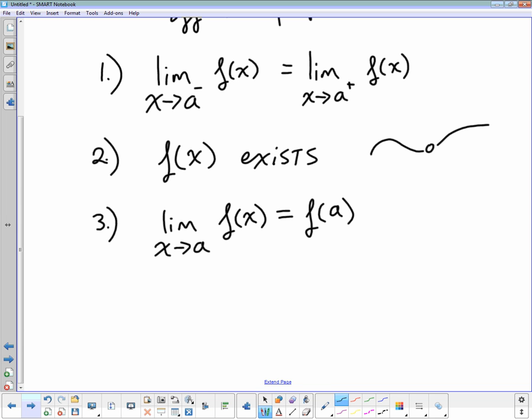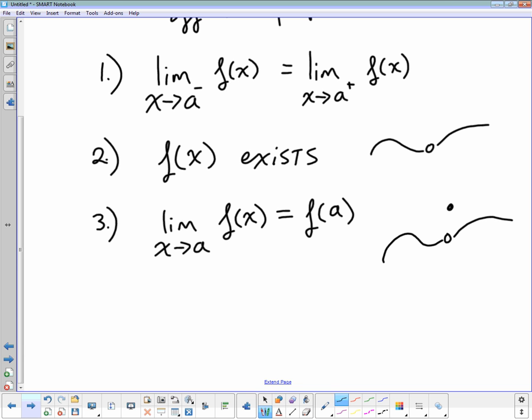Something like this fails, where this guy just doesn't play nice. I have a point, I've surgically extracted it and inserted it at a different value. Okay?